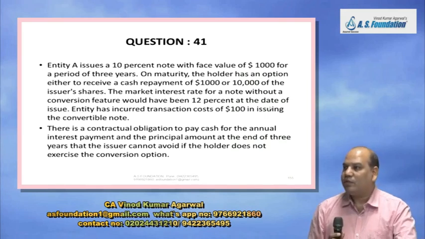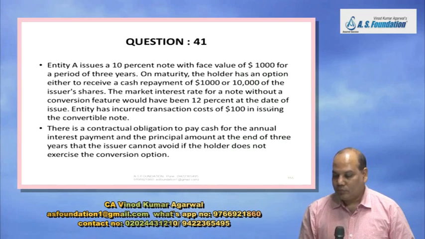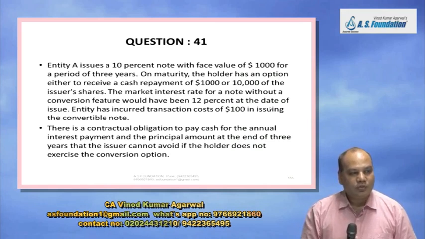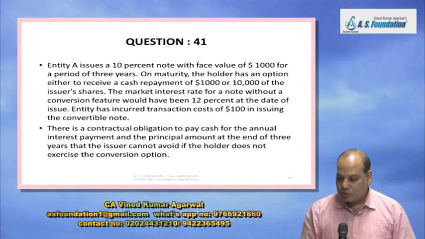Face value $1,000 for a period of 3 years. On maturity, the holder has an option. Who has got the option? The holder, to receive a cash payment of $1,000 or rupees 10,000 of the issuer's shares.